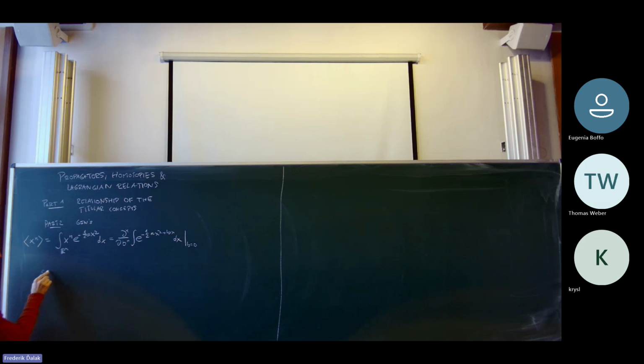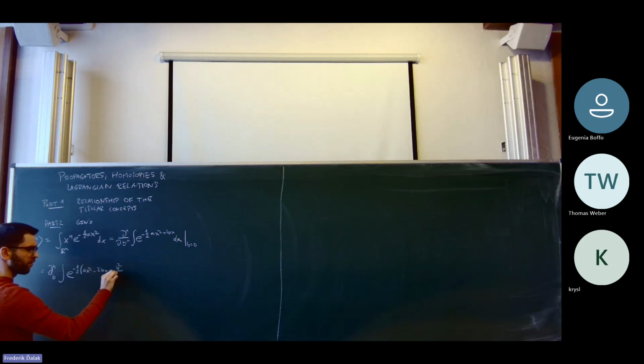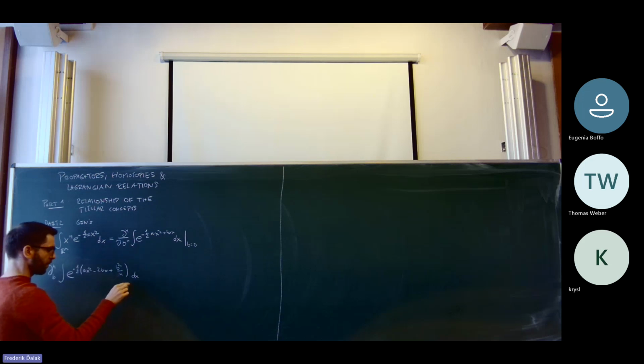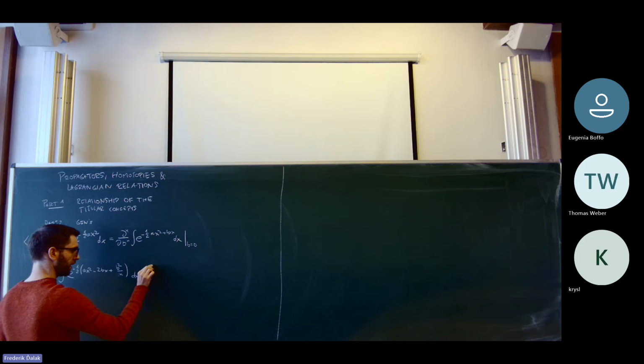I can complete a square in the exponential. So it's e to the minus 1/2 a x squared minus 2b x plus b squared over 2a, and then the term which we added we remove, so it's e to the b squared over a.